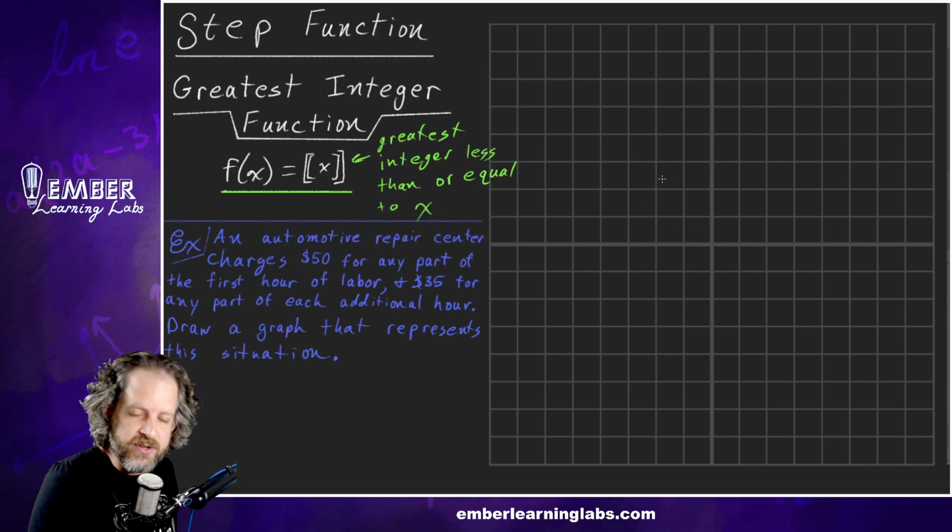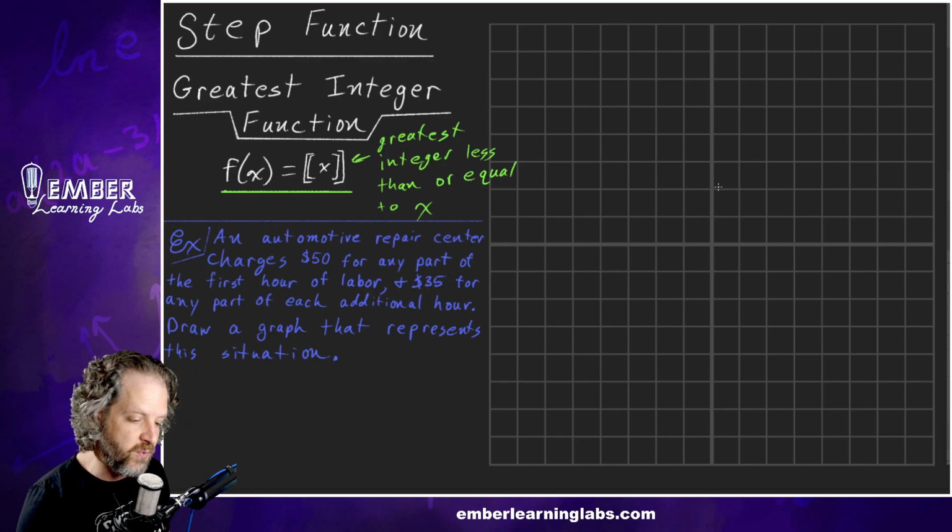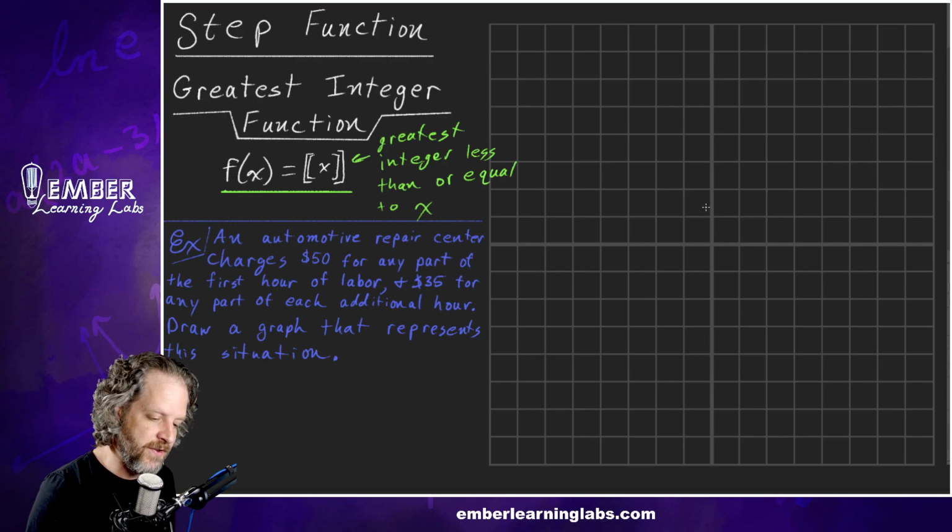So we need to do some labeling here. We need to label our axes. This one would be better done just in quadrant 1, if I used a big picture of just quadrant 1, but we'll just draw it up here for the sake of easiness.